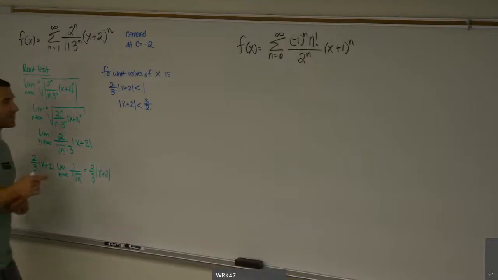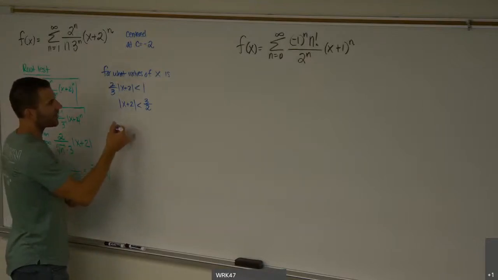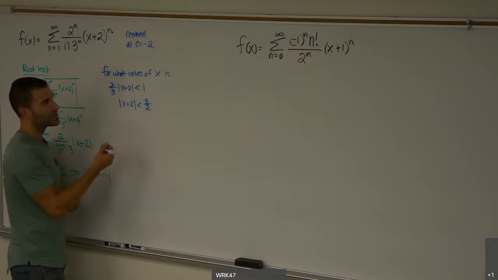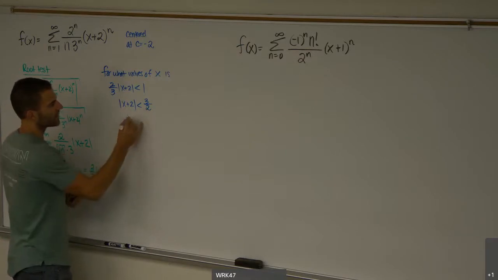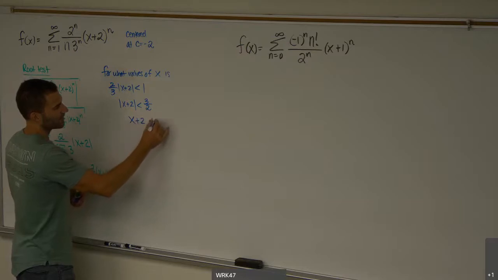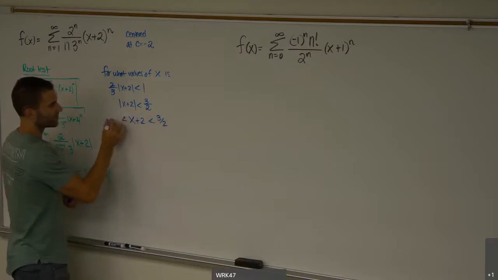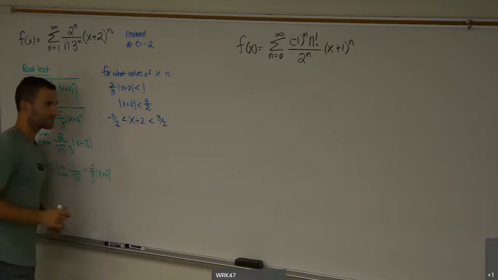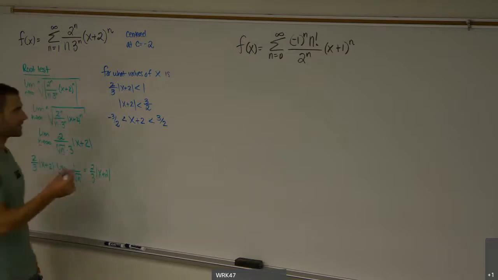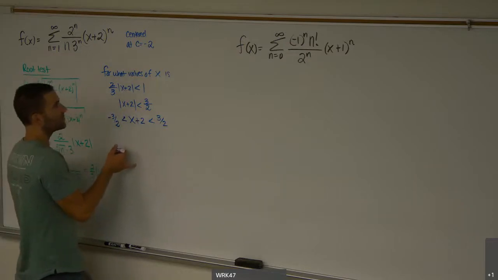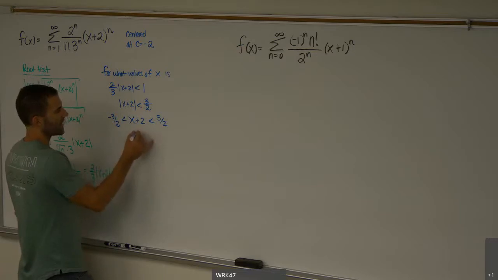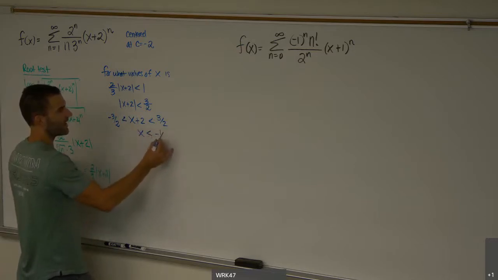And what this tells me is how far I can move away from -2. I can move 3/2 units. If we want to think about it one way, we can write it as a two-sided inequality, and we need to subtract 2 from everything. So I can move 1.5 units away from -2, and so x can be between, well, if I subtract 2 here, I get -1/2.